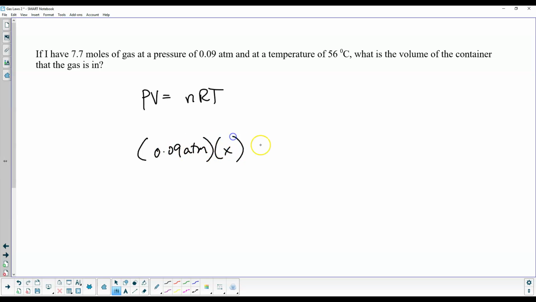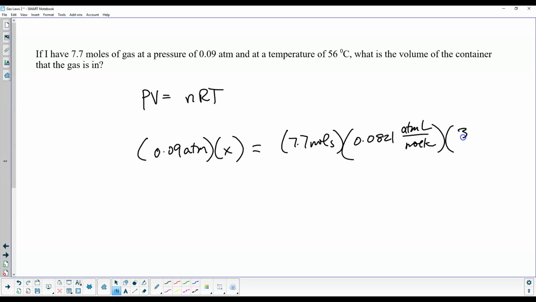The volume we do not know. The number of moles was given, 7.7 moles of gas. And for R, if we're using atmospheres, you go back and look: 0.0821 atmosphere liter per mole Kelvin. And then 56 plus 273 should be 329 Kelvin.